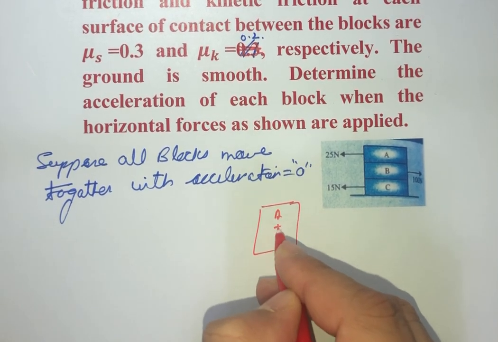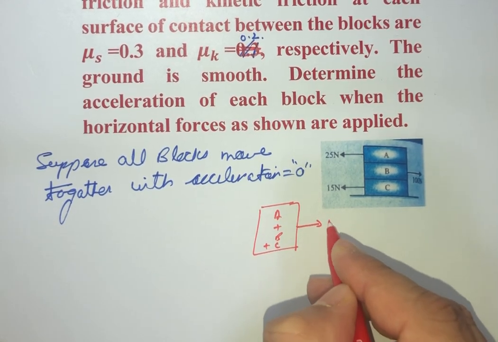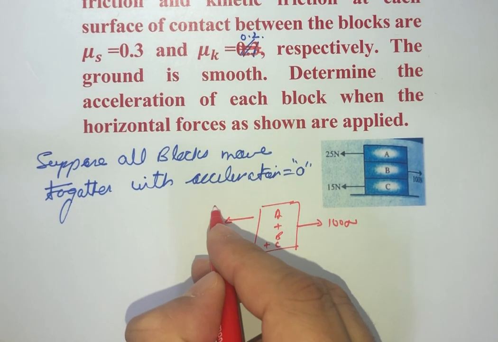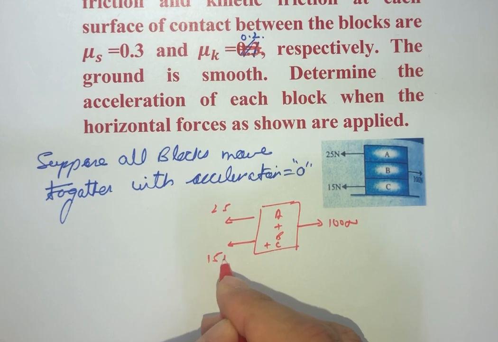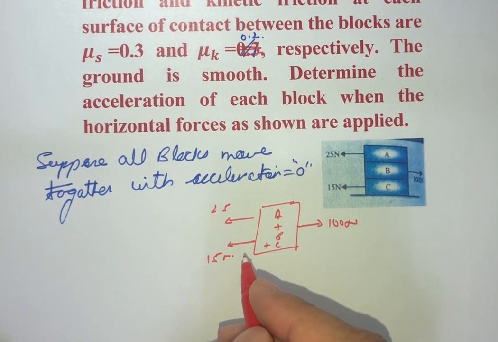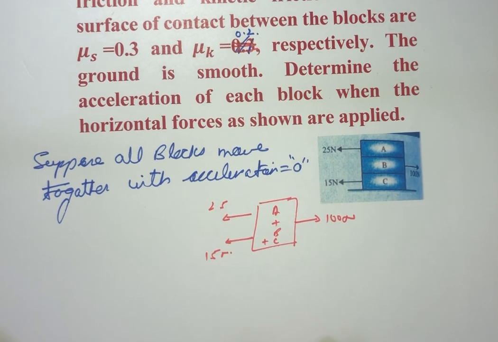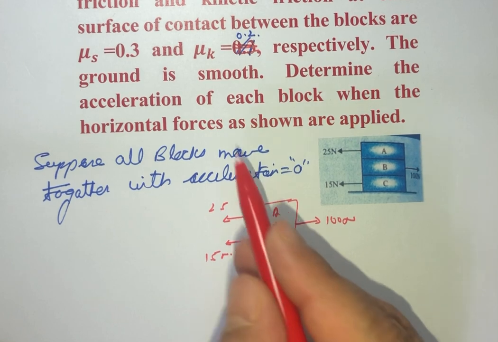This is A plus B plus C, and the external force toward this side is 100 Newton and towards left it is 25 and this is our 15 Newton. So we can write the equation as, each mass is given as 10.